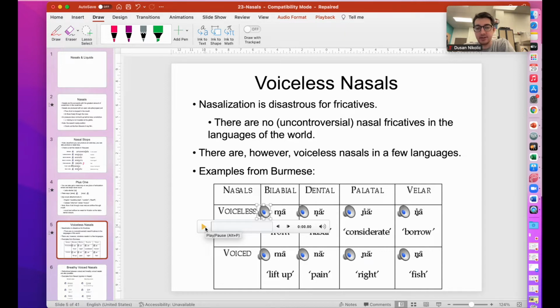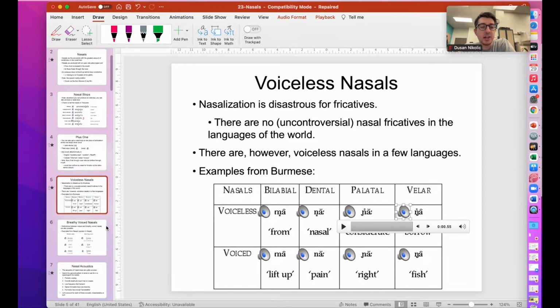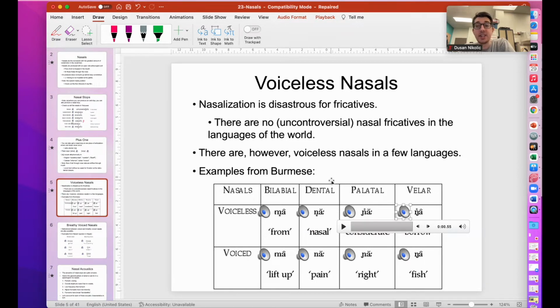You can now try and say the voiceless one as if you're saying ma, na, nya, right? So these are voiceless nasals, and we had that as one of our questions for the midterm, whether voiceless nasals are possible. Yes, they are possible.